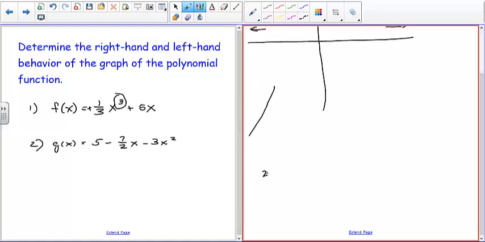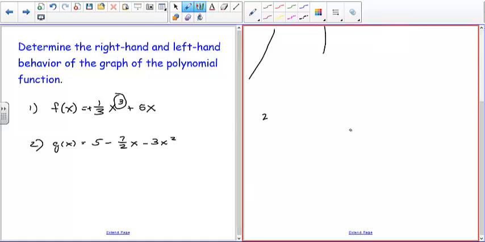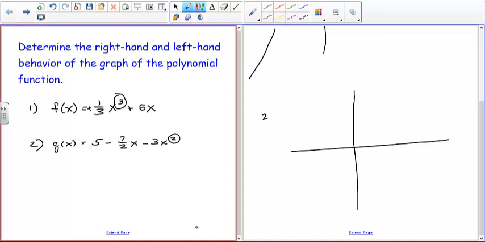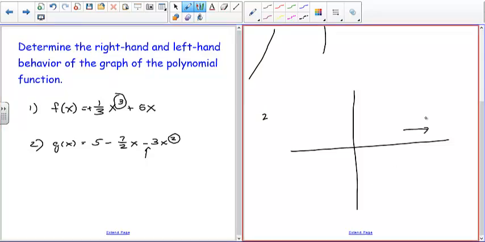And then number 2, you do the same kind of thing. You draw an axis. Now, the highest order term is the squared term. This is the exponent, which exponent is the biggest one. But because we have a negative there, again, if we go to plus infinity in the x direction and negative infinity in the negative direction, the end behavior is going to be something like that.